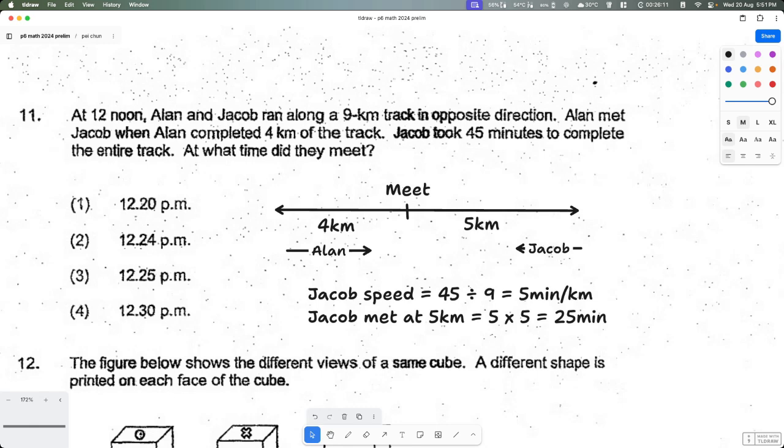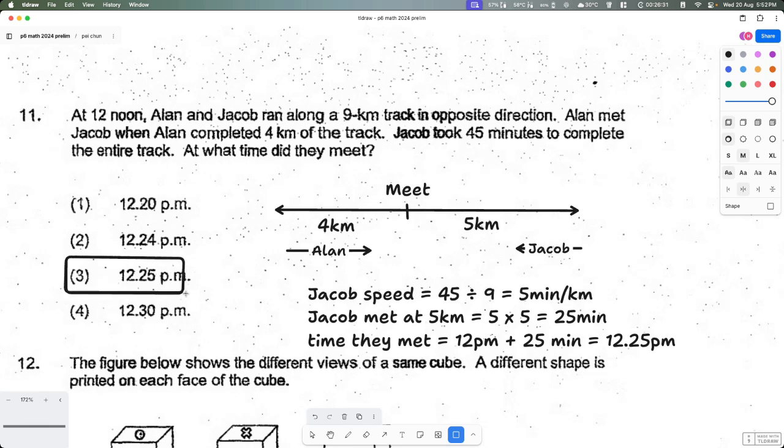So the time they met is 12 p.m. plus 25 minutes, which is equal to 12:25 p.m. There you go. So that's the answer, option number 3.